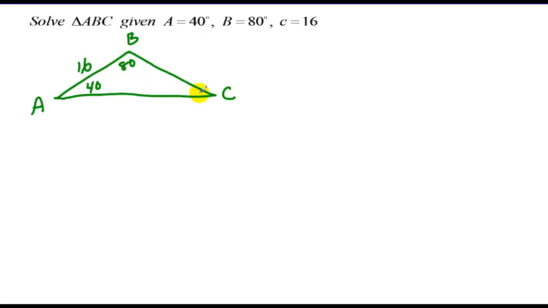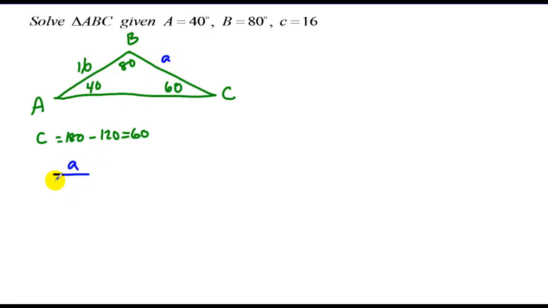Let's find the missing angle. We know there's 180 degrees in a triangle, so therefore C equals 180 minus what's already been used, 120, or 60 degrees. So I'll just fill that in. And now we're left to find both B and A, those sides, so we're going to have to write two separate ratios. I'll find a first, let's say.